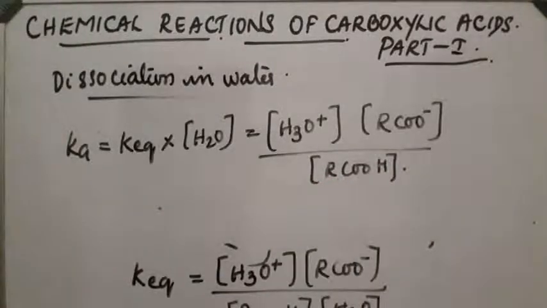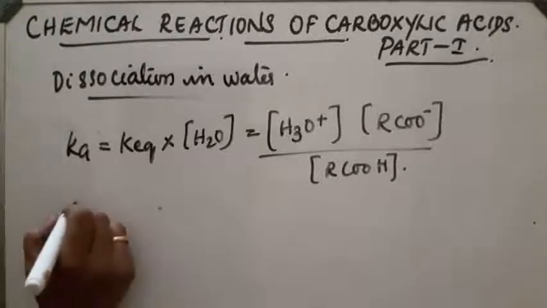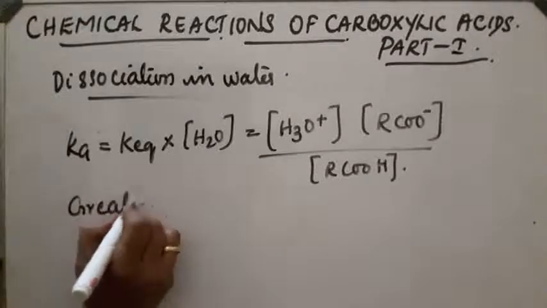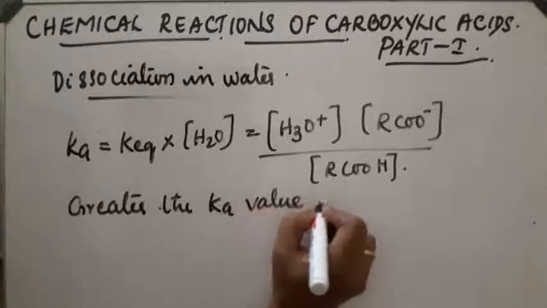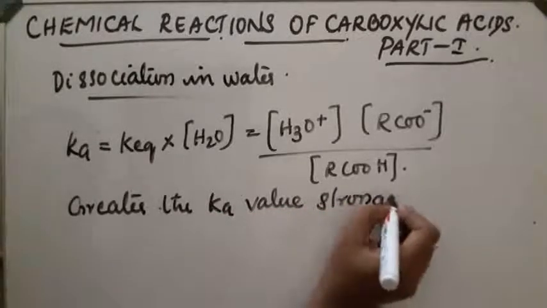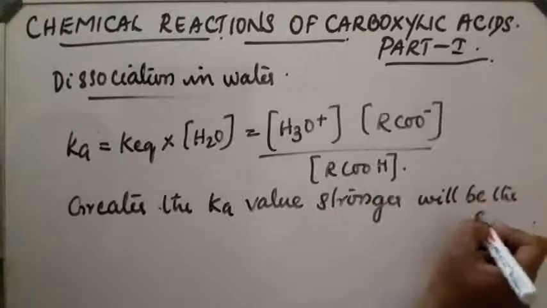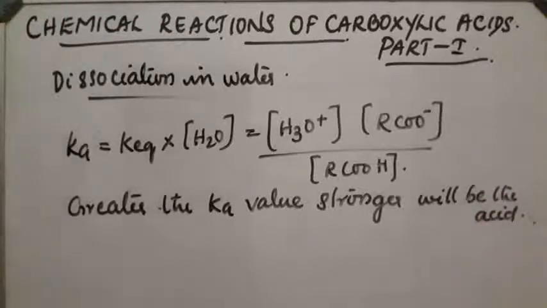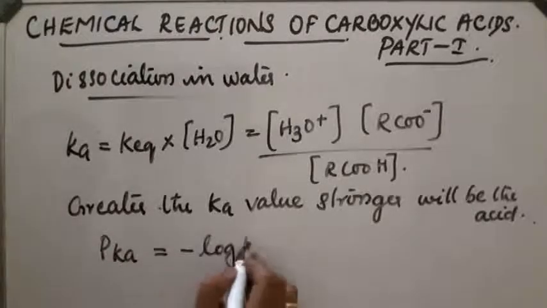So the Ka value is used to calculate the strength of different acids. As the Ka value increases, the strength of the acid also increases. So the greater the Ka value, the stronger will be the acid. Now, for convenience, we are using another factor called pKa, which is equal to minus log Ka.